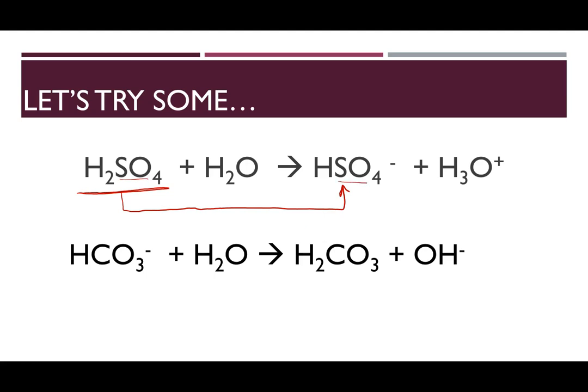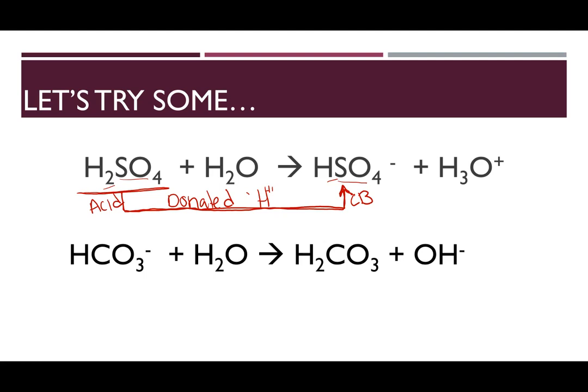So here's our pair, okay? What's the difference between H2SO4 and HSO4? There has been a hydrogen that has been removed. So this guy donated a proton. Proton donor means that this was the acid, and this must be the conjugate base.